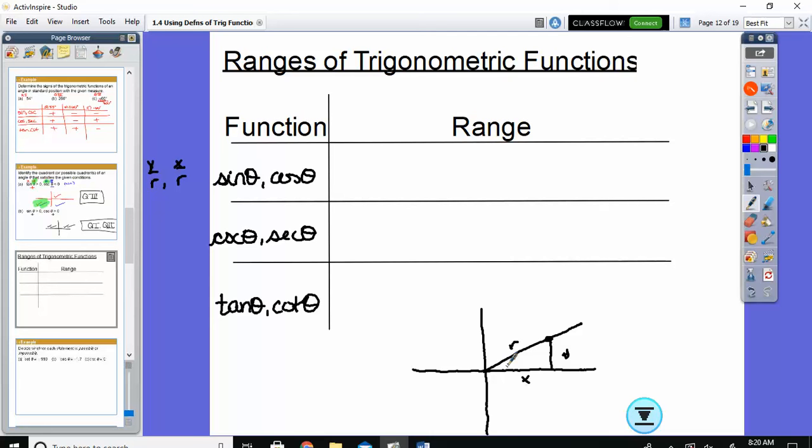R. Okay, so if you take a number and divide it by something bigger, are you getting an answer more or less than 1? If I take a number, divide it by a bigger number, so like 3 over 5, 7 over 8, 9 over 10, your answer is always less than 1, right?